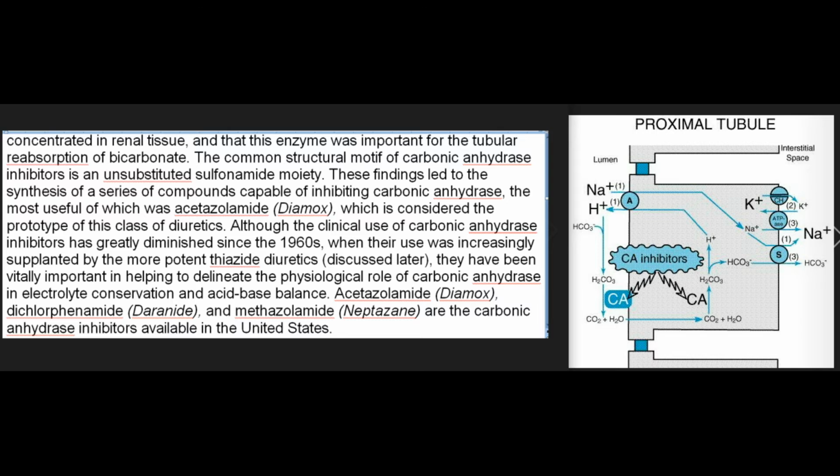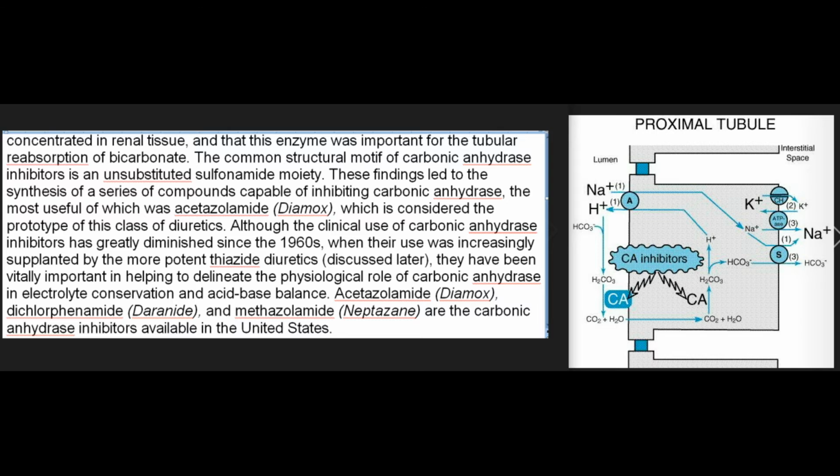Although the clinical use of carbonic anhydrase inhibitors has greatly diminished since the 1960s, when their use was increasingly supplanted by the more potent thiazide diuretics, discussed later, they have been vitally important in helping to delineate the physiological role of carbonic anhydrase in electrolyte conservation and acid-base balance.